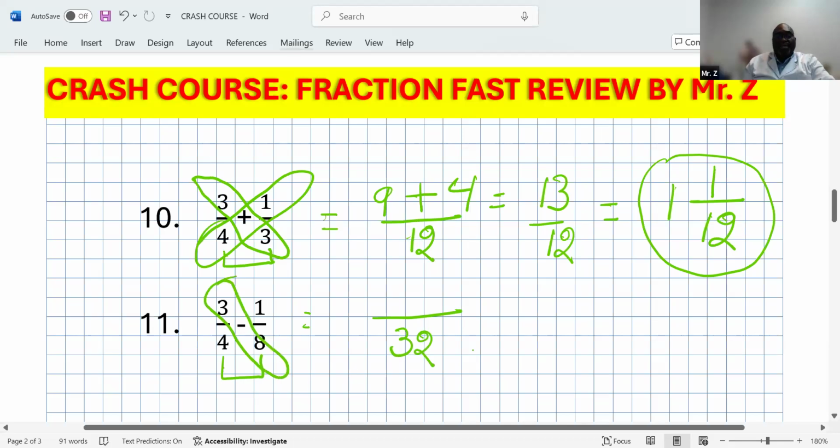3 times 8, it gives you what? 24. You put your minus, then you're gonna do 4 times 1. It gives you 4. This is what I told you earlier. You always wanna start with the first fraction first, because if you do not, what's gonna happen if you start with 4 times 1, you're gonna have a 4 minus 24.